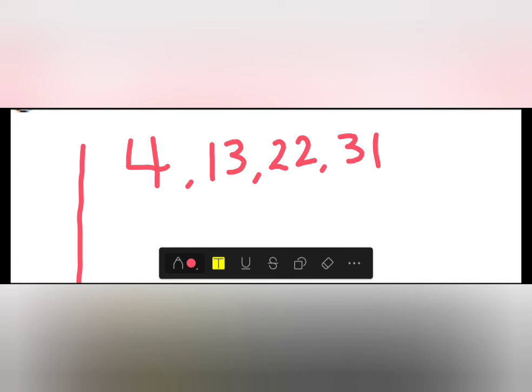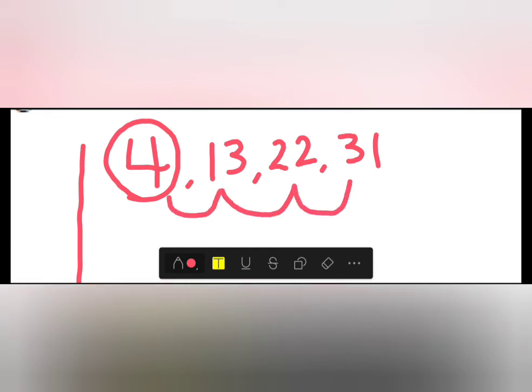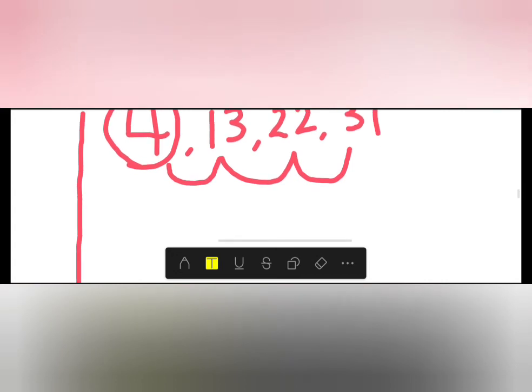Now first, we know that this is A1. So A1 equals 4. And the difference is what between them? We subtract them. So 13 minus 4 is what? 13 minus 4 equals 9.